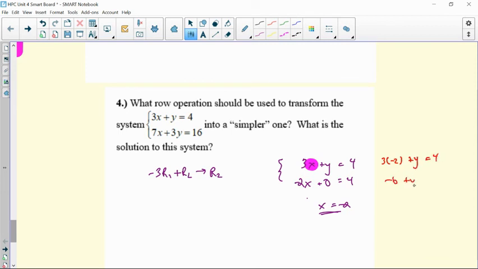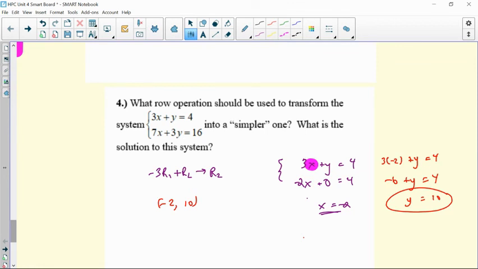So -6 plus y equals 4, so y is equal to 10. And so my solution would be -2, 10. You could put -2, 10 into this equation or into this equation, and you'll get the same answer because we found the one solution. It's a consistent system that we found one solution.